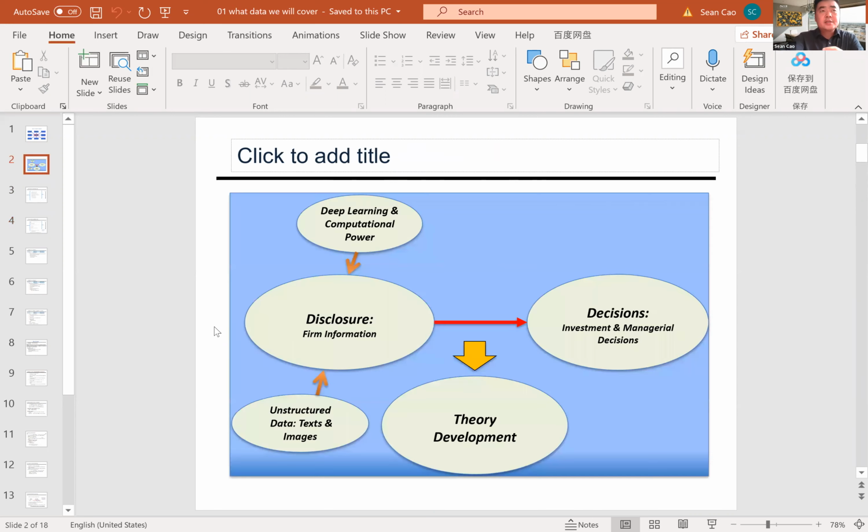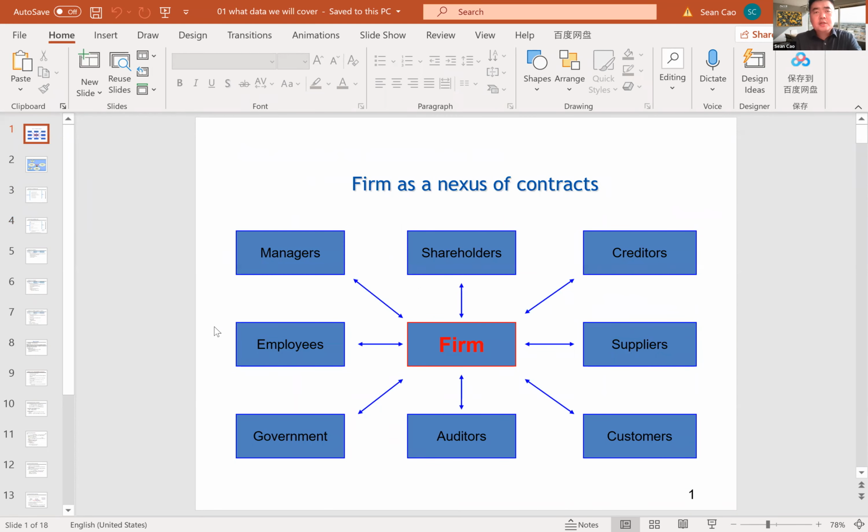That's why I started with this slide. This slide gives you the information on how exactly we use firm data, accounting information, and financial information. You can see that all the stuff we talk about in the class serves different people. Investors are the most important group.